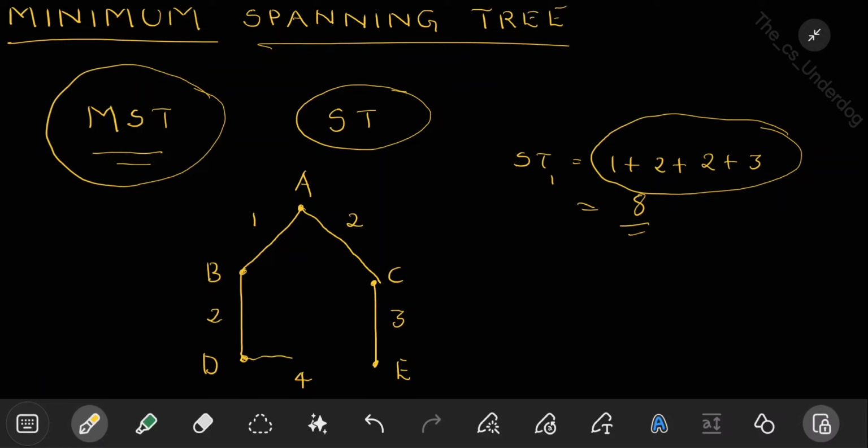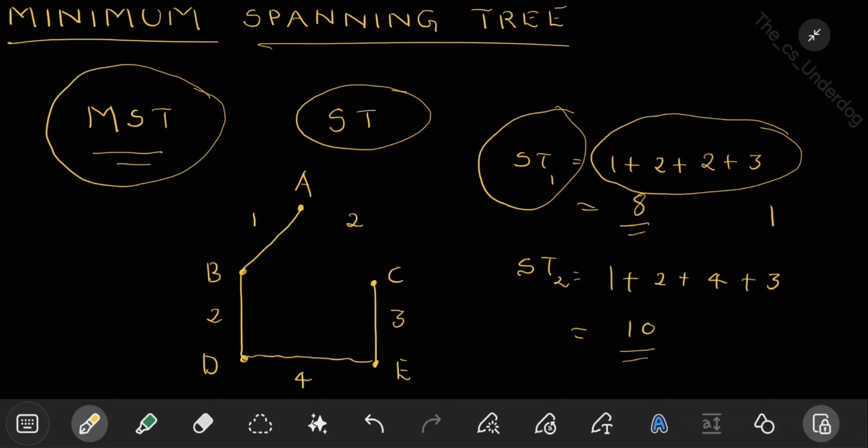So instead of removing this edge, what if I remove some other edge? Let us say I removed this edge. What is the weight now? If I remove this edge, the weight is 1 plus 2 plus 4 plus 3. I am just adding the weights of those edges which are involved in the spanning tree. So what is the weight here? This is a total of 10, which means my first spanning tree had a smaller weight when compared to the second spanning tree.